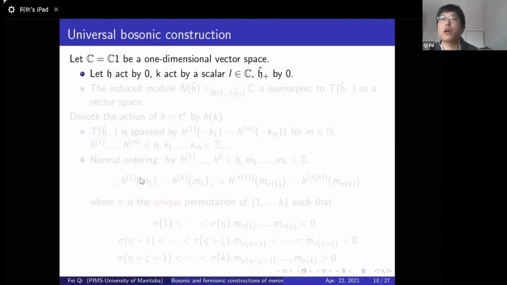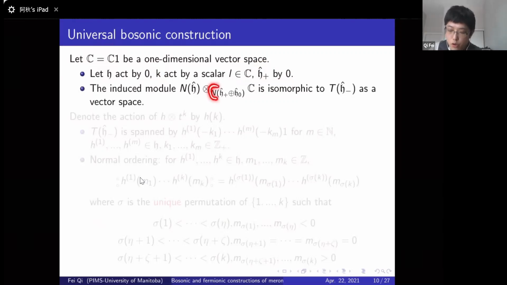This way we get a one-dimensional module for the algebra N of H plus direct sum with H_0 hat. And then the induced module would be isomorphic to T of H hat minus as a vector space. This is a very standard procedure of forming the induced vertex algebra.